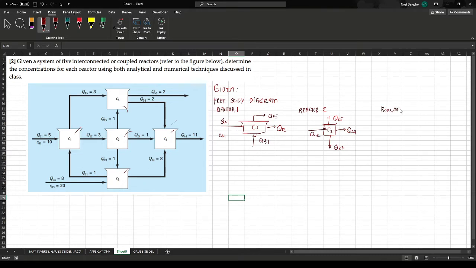Reactor 3, so we have going in Q23, going out Q34, going in Q03, then C03, then going out Q31.